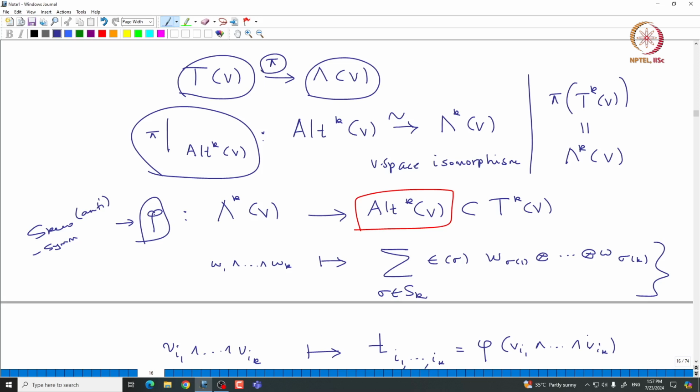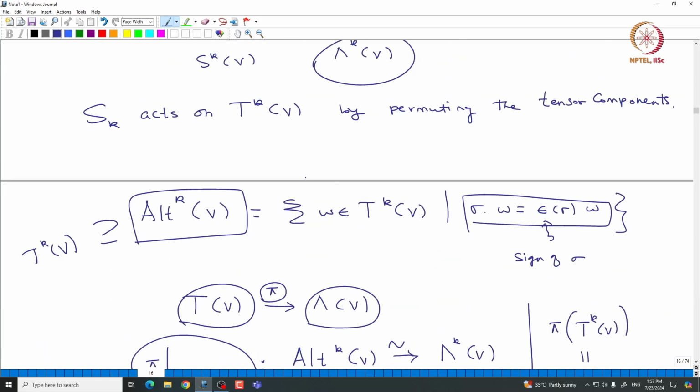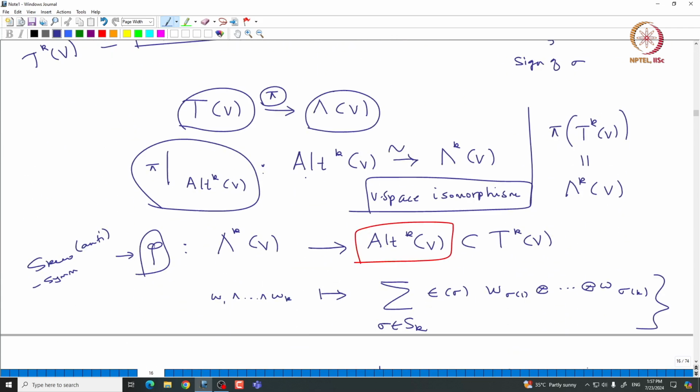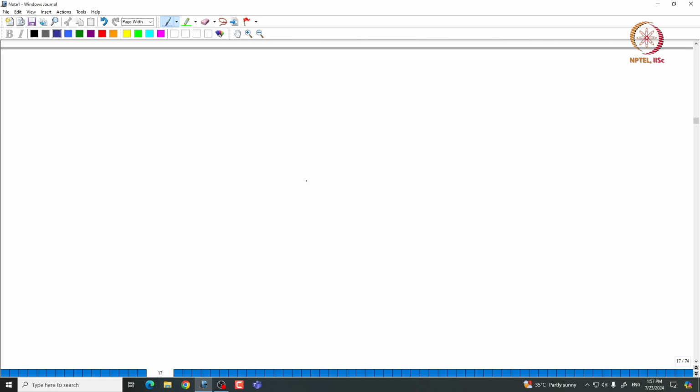Once you restrict to the respective submodules, again it will be a G module map, and since it is already a vector space isomorphism, this becomes a G module isomorphism. So indeed we have these new representations coming from the alternating tensors or the wedge products.